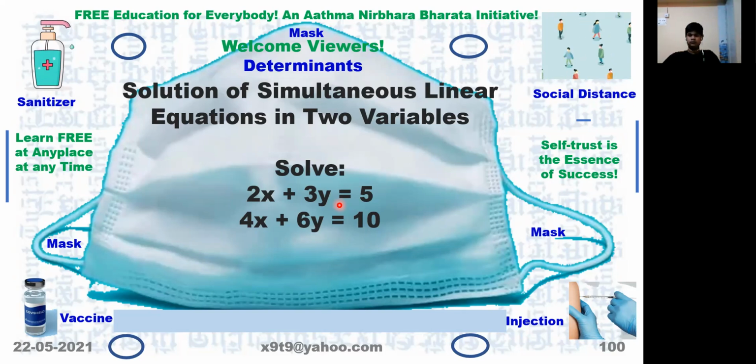Both represent the same straight line, not different straight lines. So every point on one line is also a point on the other line. In this case, we say the solution is infinite.